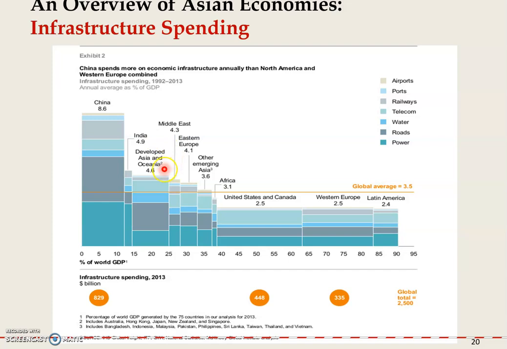Developed Asia and Oceania, which is the island economies of the Pacific Ocean, 4.6%. Other emerging Asia, which means the developing but faster growing economy in Asia, 3.6%. Again, these numbers are higher or much higher than the other regions like Africa, United States, Canada, which is only 2.5%, Western Europe 2.5%.